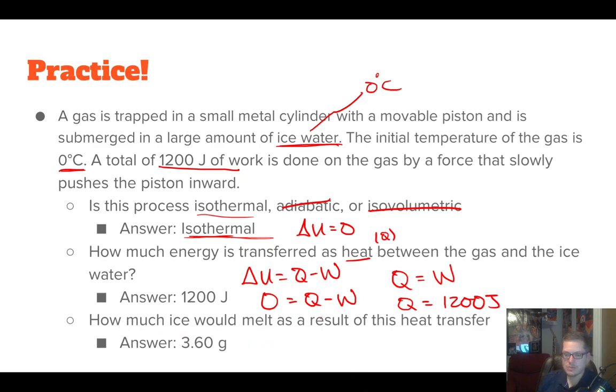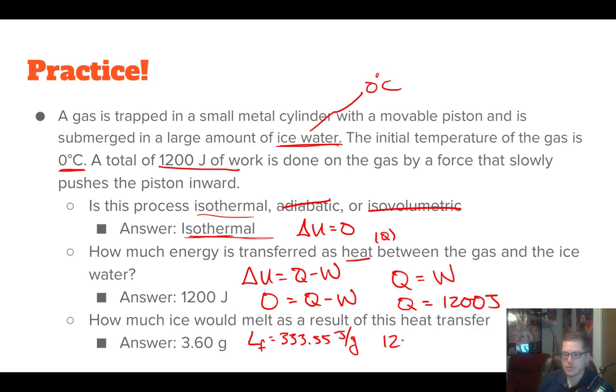And this says how much ice would melt as a result of this heat transfer. Well, we know the heat transfer was 1,200 joules. So we need the latent heat of fusion. Remember talking about that a couple of videos ago? The latent heat of fusion of water is equal to 333.55 joules per gram. So we're going to use this as our ratio.